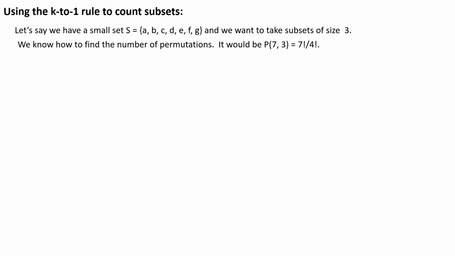Okay, so now we're going to try to see if we can find a way to count the number of subsets from a set. And we're going to end up using the K to 1 rule. Let's say that we have a small set S, which is just the elements A up through G, and we want to take subsets of size 3.